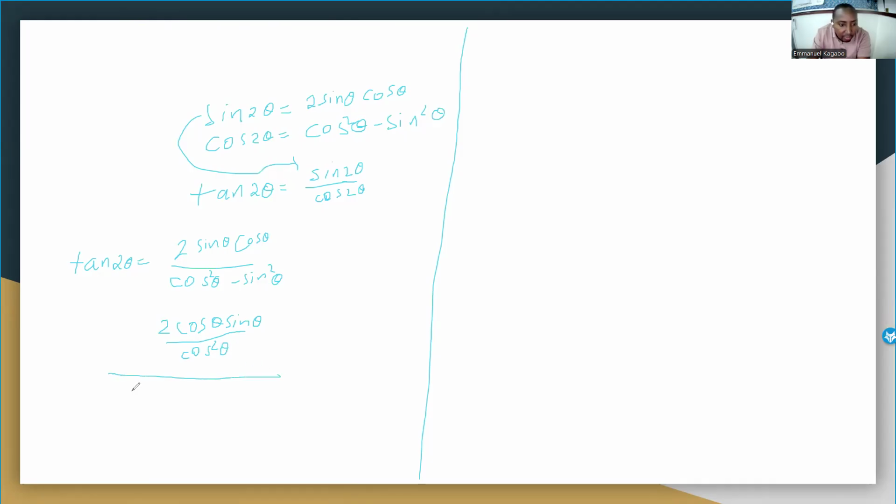All of that over, because I'm dividing, let me use a different color for you to see what I'm talking about. I'm dividing everything by cos squared theta, and also dividing this one as well, cos squared theta minus sine squared theta, all divided by cos squared theta.